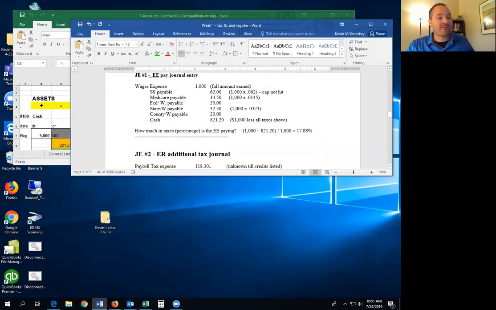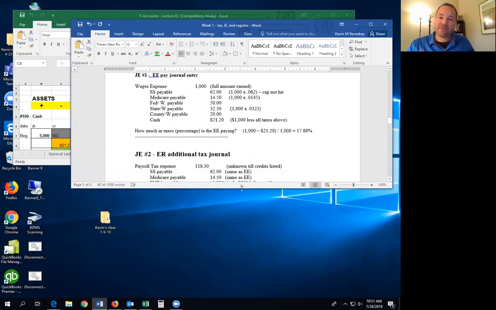So this one at first would actually be blank. You don't know that it's 118.30. I've already got the answers pulled up, sure, but for right now, we would have a question mark here. We don't know what that is. We're going to know it once we filled out these 4 taxes and put in the dollar amounts that are due. So Social Security and Medicare, remember those 2 were the exact same as the employee.